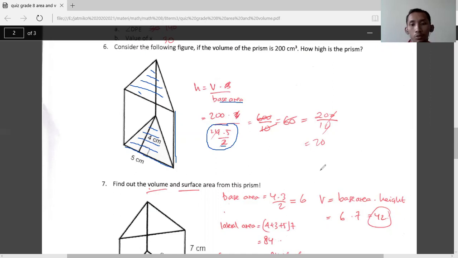That is different from a pyramid. A prism has no need to be divided by 3. So 200 divided by 20 per 2 is 10. So 200, this is a miscount. So 200 divided by 10 is 20. Okay, clear?